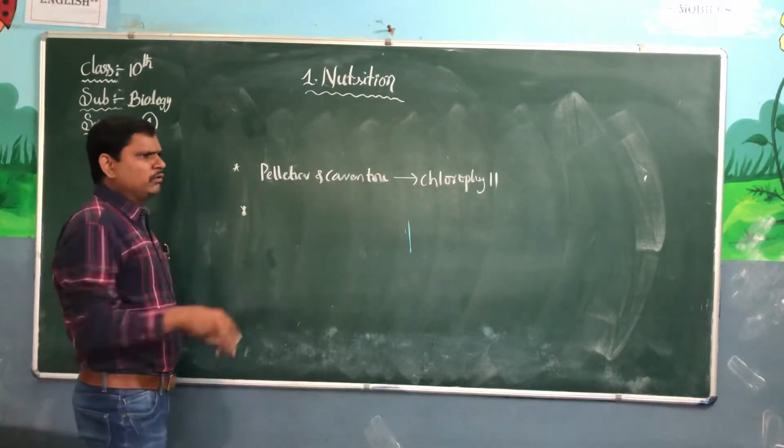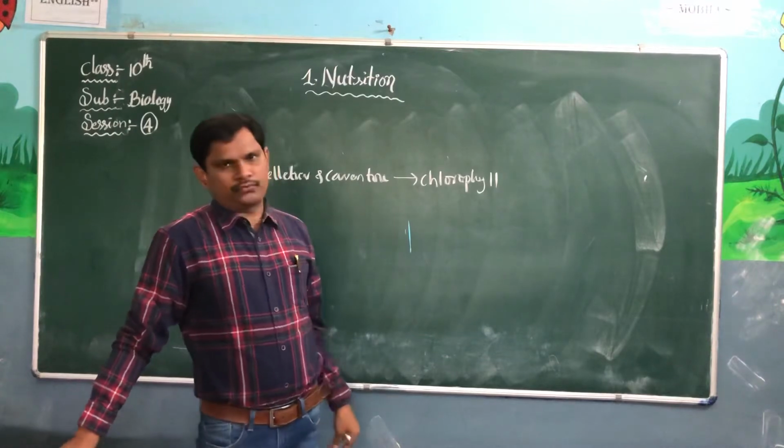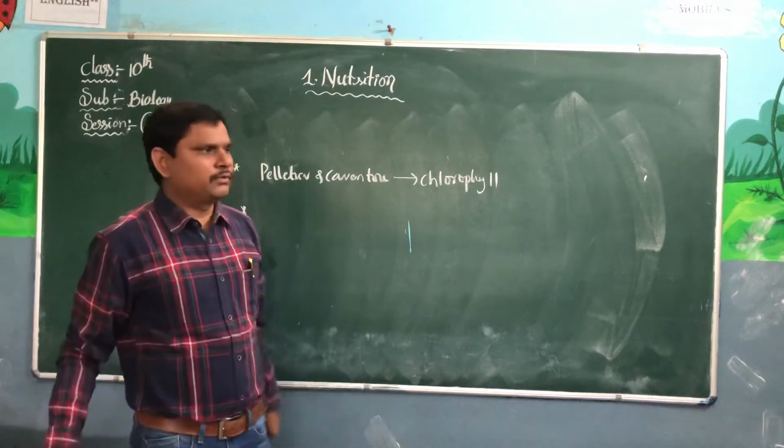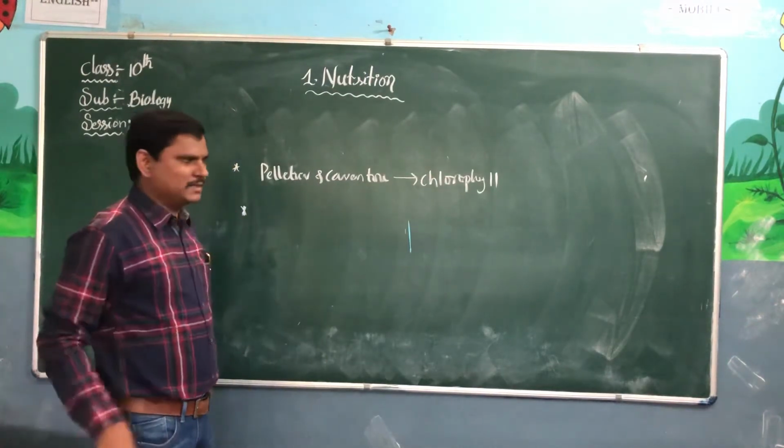This chlorophyll is not spread throughout the leaf. It is in the form of organelles.